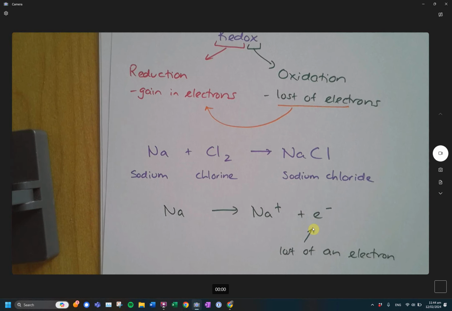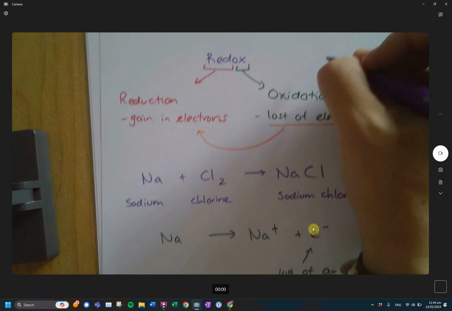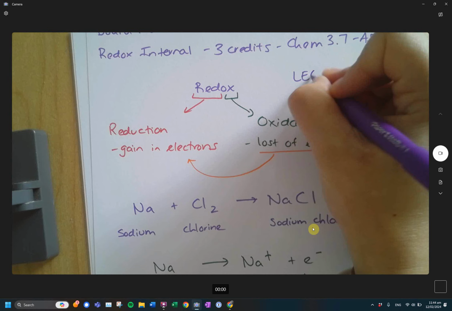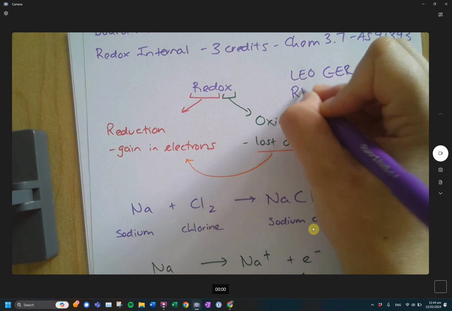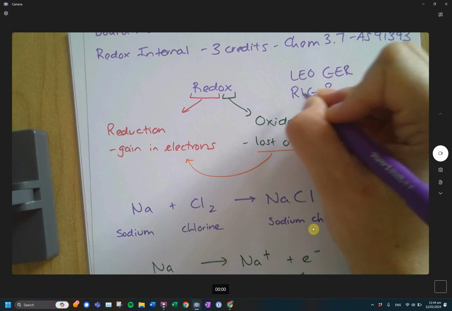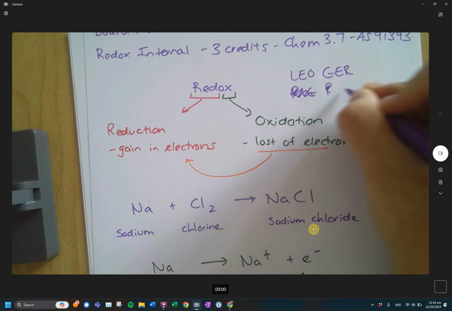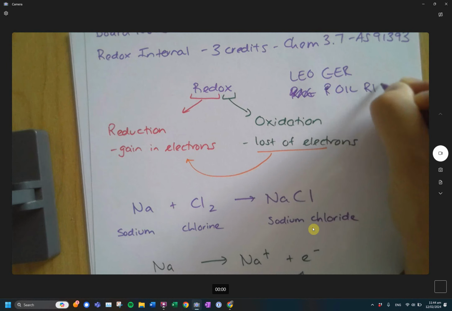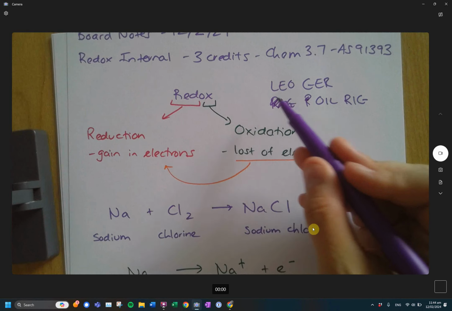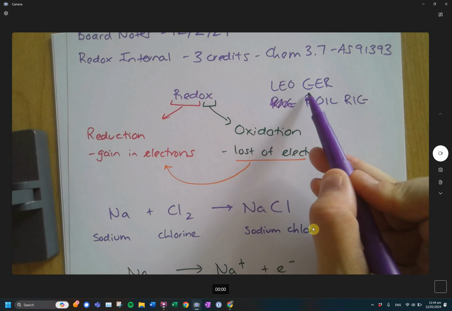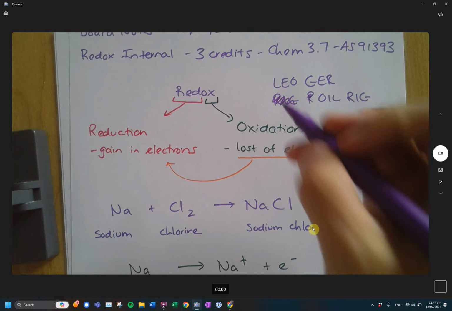Now, one of the little things that we learned about last year to help us remember oxidation and reduction was Leo the Lion says ger. The other one is OIL RIG. So, loss of electrons, oxidation, gain of electrons, reduction.